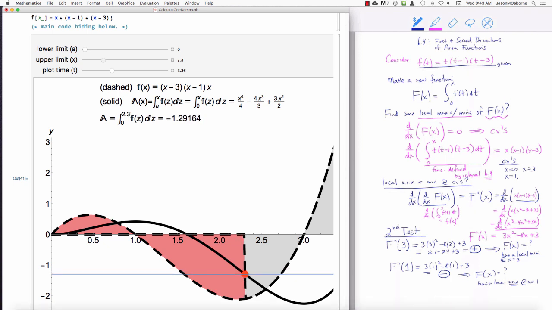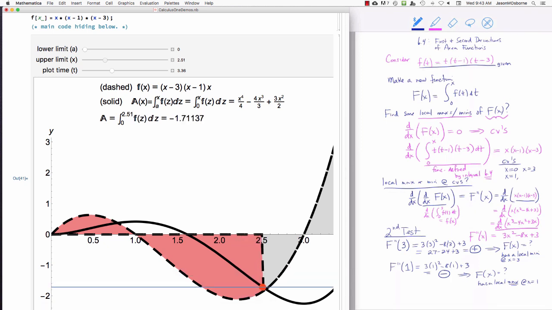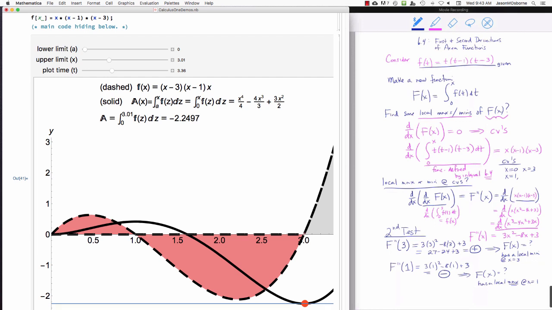And at some point, we are reaching the point where there is the most negative area possible, and that is why we have a local minimum right here at x is equal to 3.